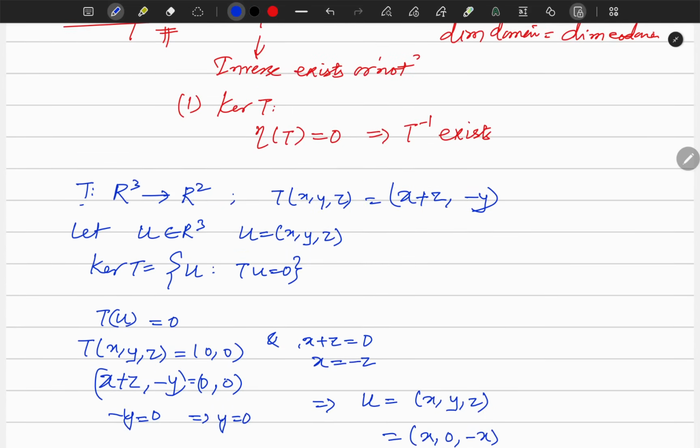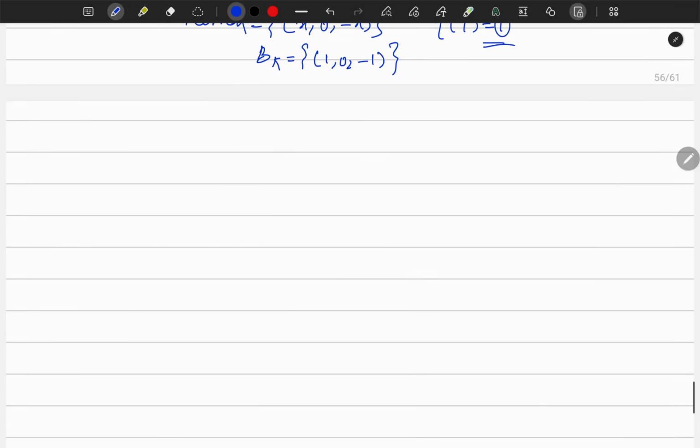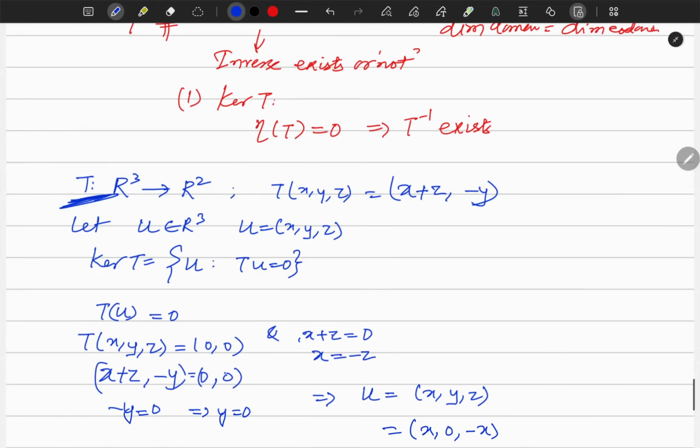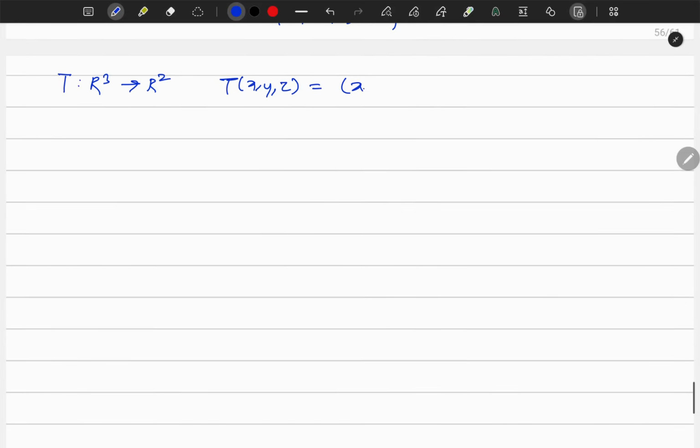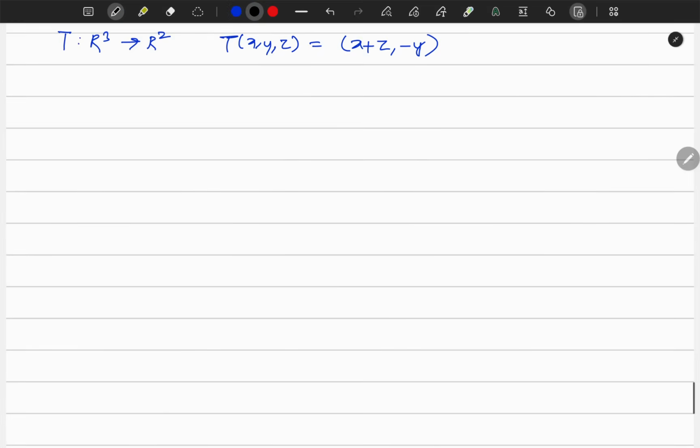For example, they may ask you what is the matrix associated with this T. Okay, and T is given from R3 to R2, and T of (x, y, z) is equal to (x plus z, minus y). They will ask what is the matrix associated with it. So what will you do?